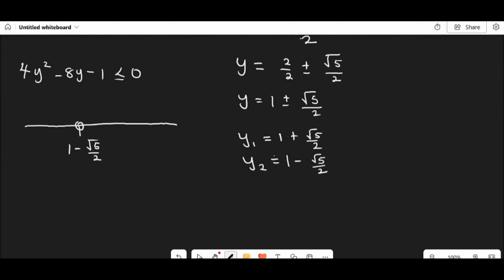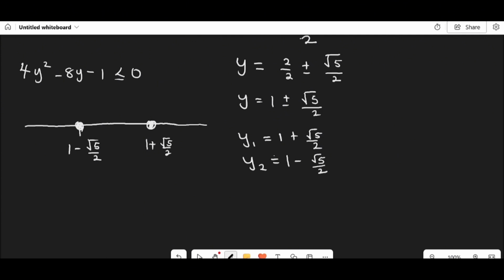Let us put 0 and shade it because it is inclusive. Here too, let us put 0 and shade it because it is inclusive. And let us write here 1 plus root 5 over 2.